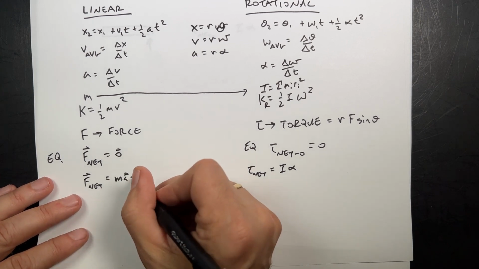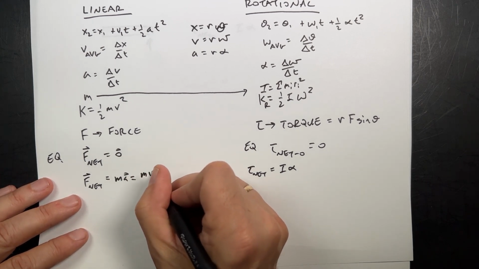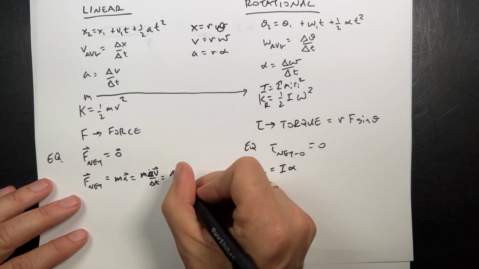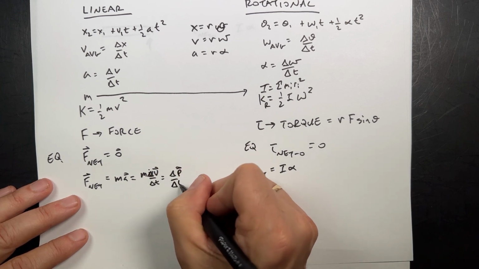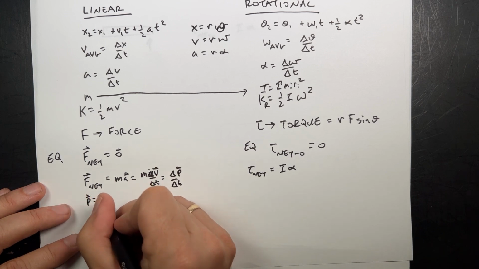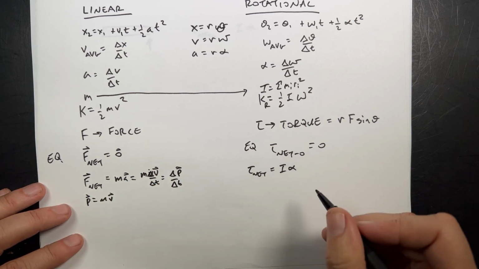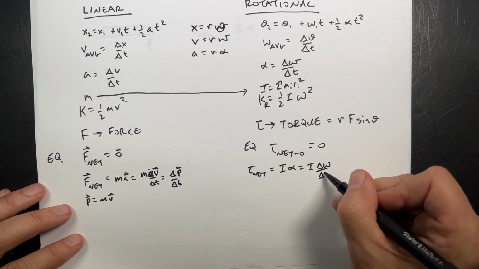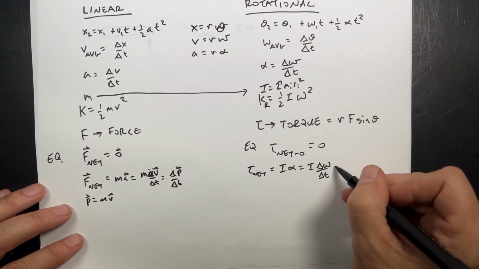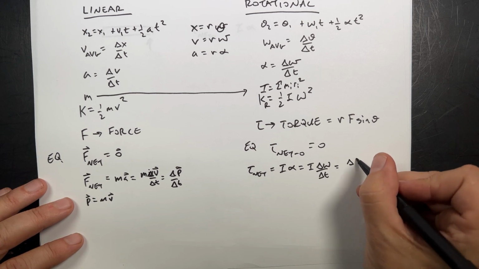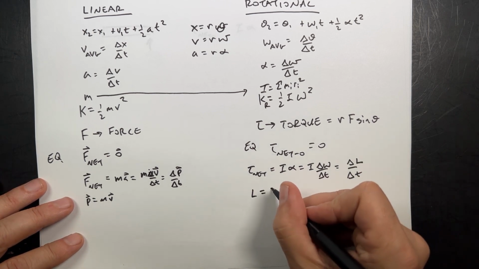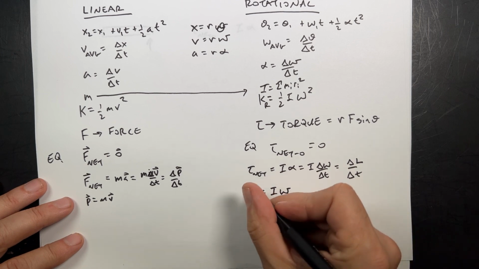And remember, this is equal to m delta v over delta t, or delta p over delta t, where p is mv. And the same thing's true over here. This is I delta omega over delta t. That's alpha. And so I can write this as delta L over delta t, where L is I omega.